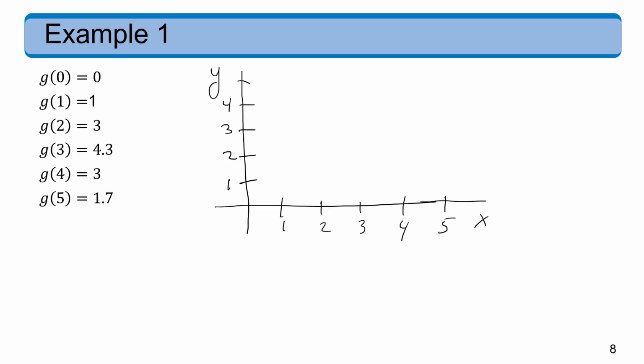And then we just start plotting these points. So I've got the points 0, 0; 1, 1; 2, 3; 3, 4.3; 4, 3; and then 5, 1.7.